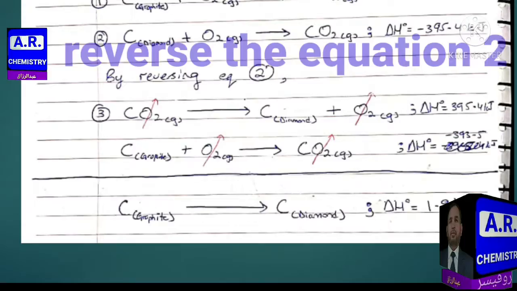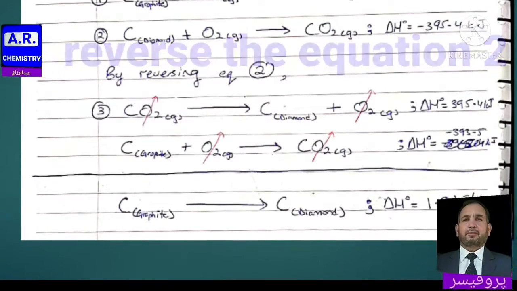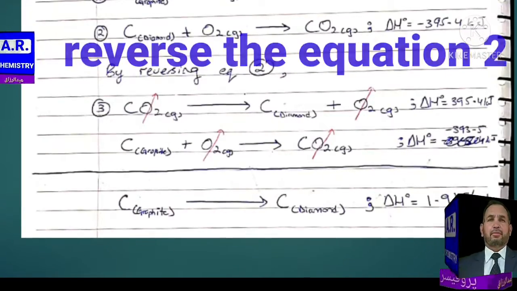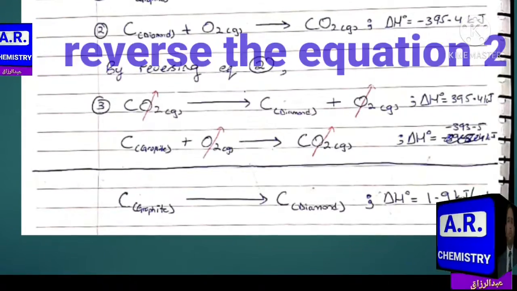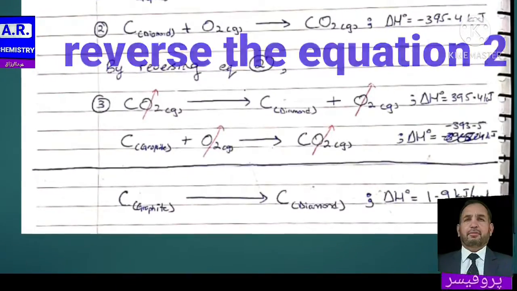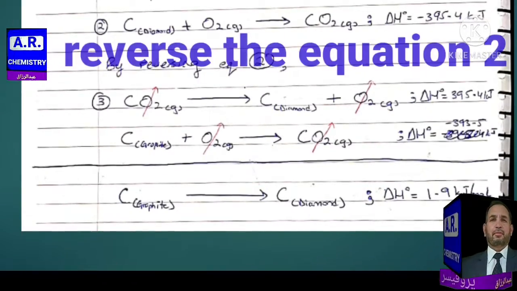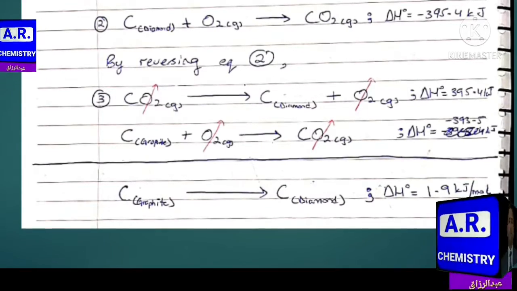Now it would be a positive sign. So CO2 arrow carbon, that is diamond, plus O2, and after semicolon you have enthalpy for this reaction now positive, not negative, positive 395.4 kilojoules. So when you reverse this equation, you have carbon diamond on the product side.